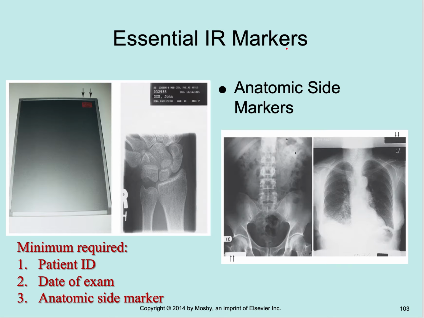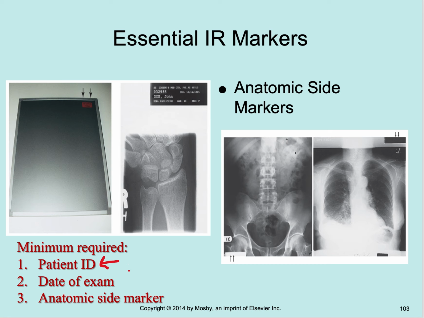Essential IR markers, your anatomic side, you want to mark the correct anatomic side. So in the past, they used to have to put patient ID on the image. Now your patient ID comes on the image computerized onto the image.